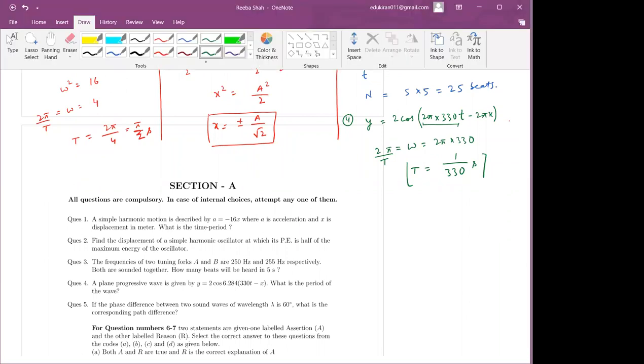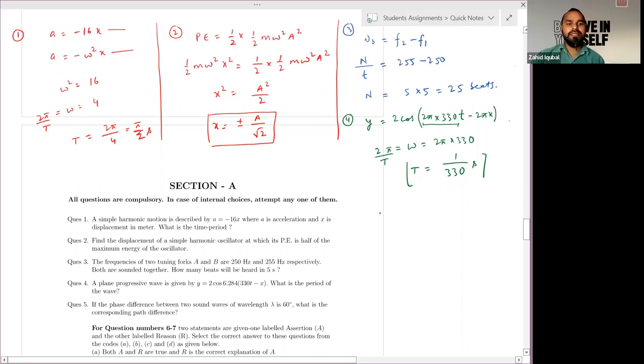Next is question number 5. If the phase difference between two sounds of wavelength lambda is 60 degrees, phi is 60 degrees. You may convert 60 degrees as pi by 3 in radians. According to the formula, phase difference equals 2 pi by lambda multiplied by path difference delta x.